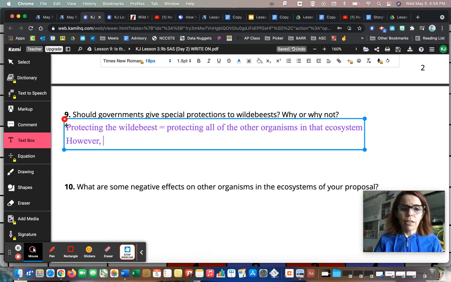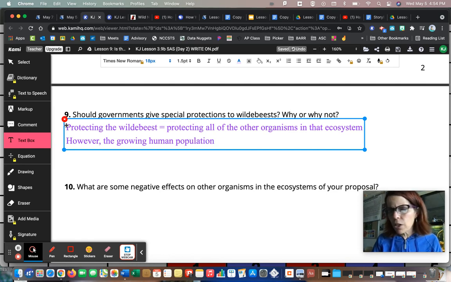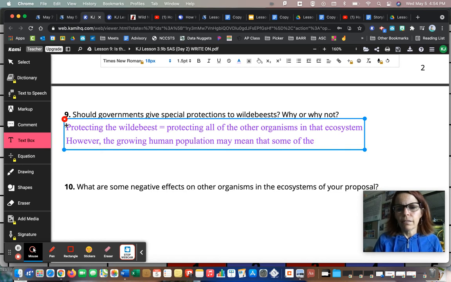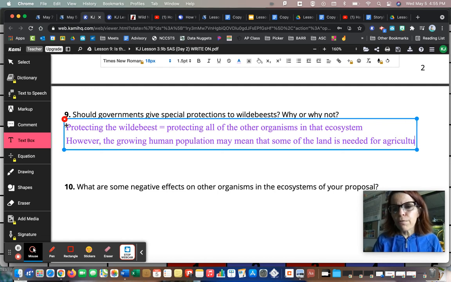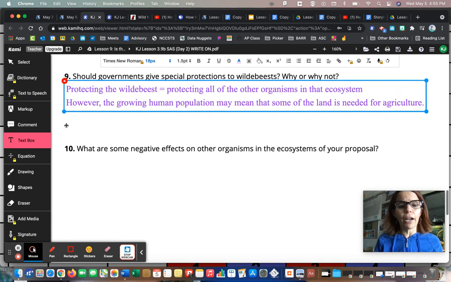However, there's always another side to these, right? The growing human population in the area may mean that some of the land is needed for agriculture. And agriculture could be farming or it could be cattle ranching.